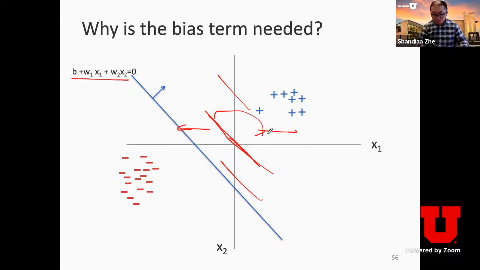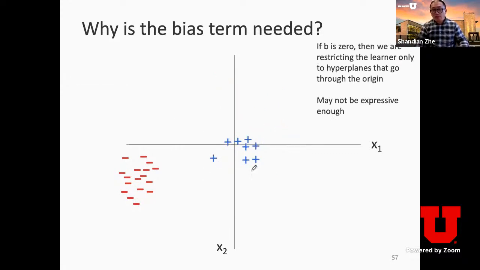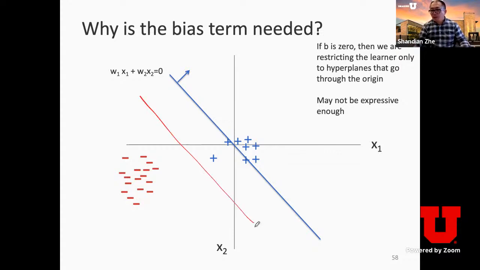But what if we have a set of positive examples surrounding the origin? Then without B, no matter how you rotate your hyperplane, you're always going to misclassify part of it. So if we have a B, we can safely move it to a better place.